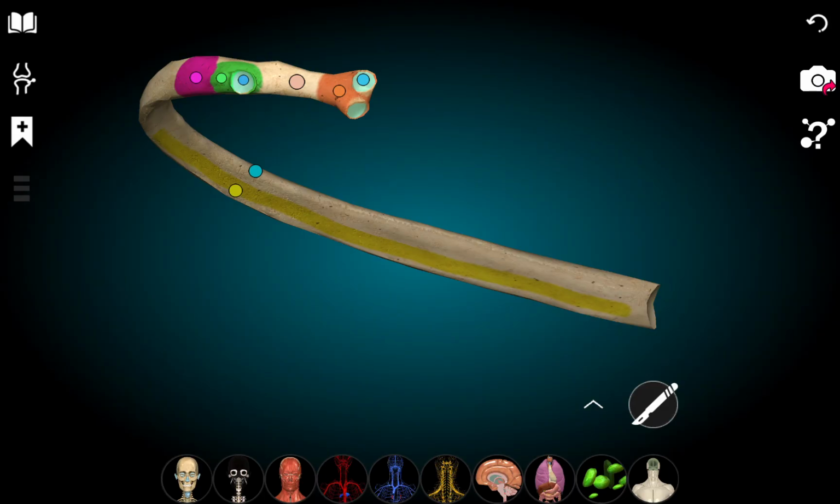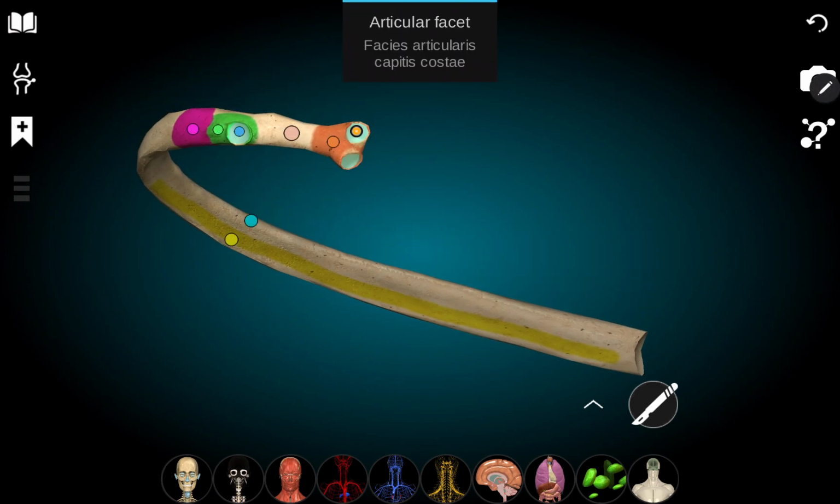So the body contains the costal groove, which is the house of intercostal nerves and blood vessels, which is an important question. This is the costal groove, that is a very important thing. These are the facets. This is the head, and this is the neck, and this is the articular facet, tuberculum, and angle, that is called angulus costae.